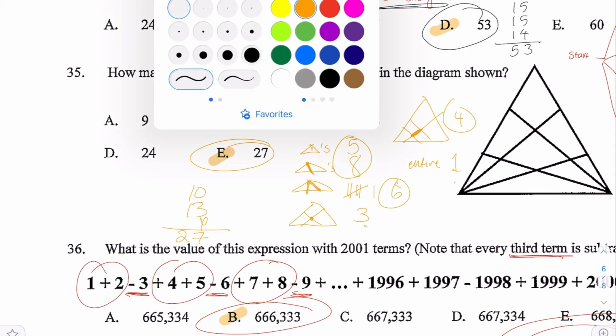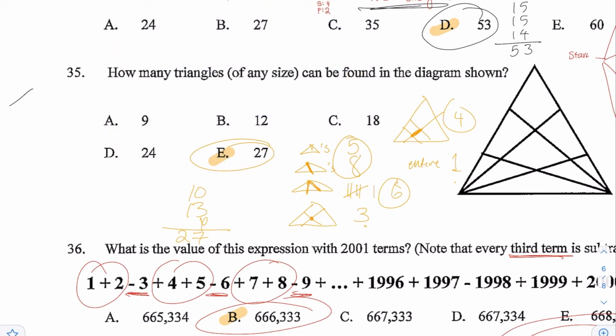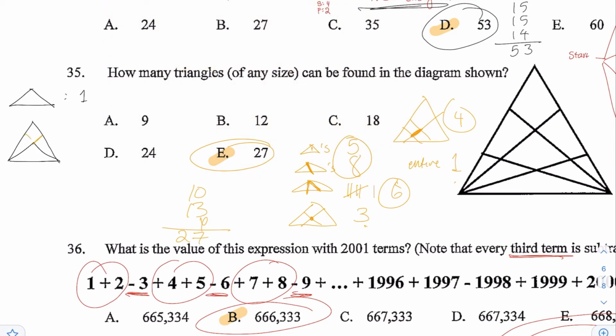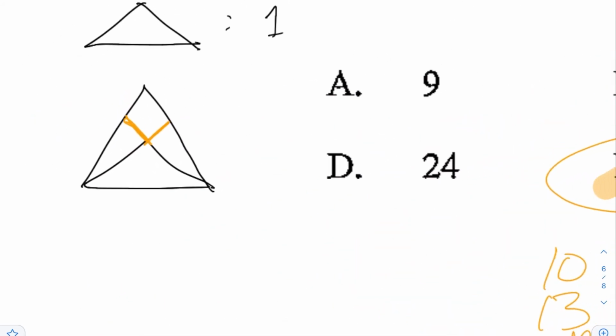So the first shape would be just a 1 stack, and here just 1 triangle. Then when you take that 1 triangle and you stack another one up, here you have more triangles that can be made. So this is a 2 stack.